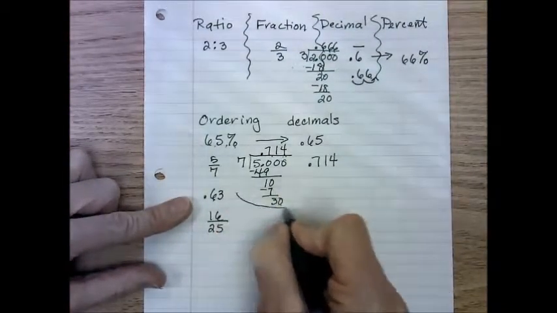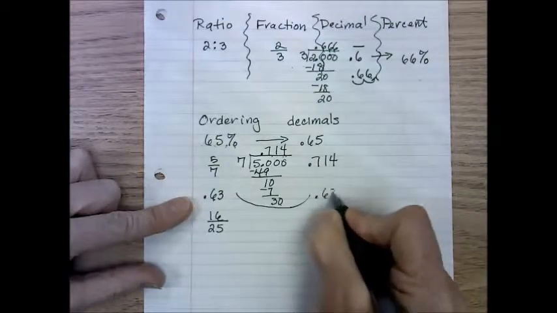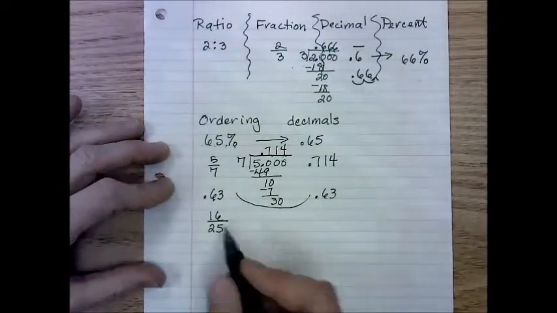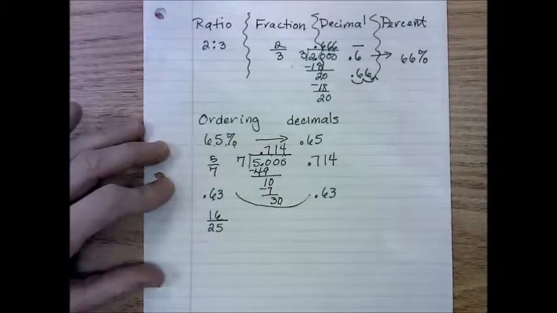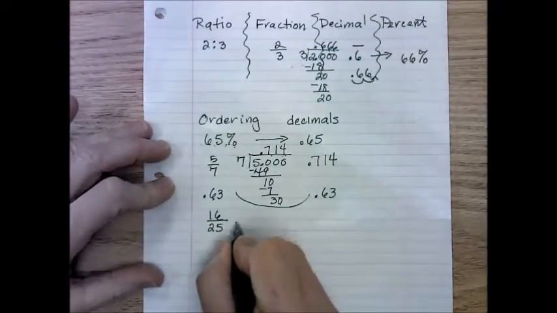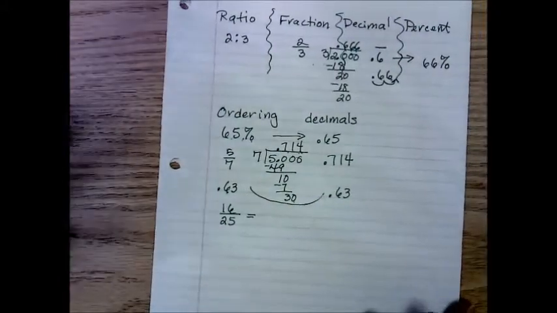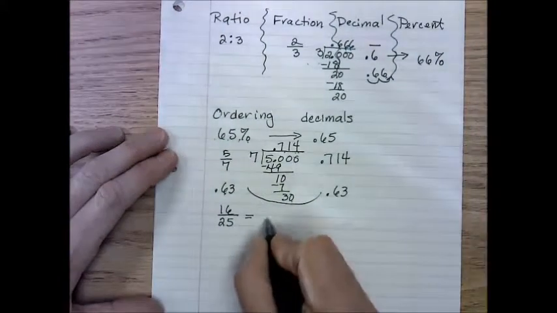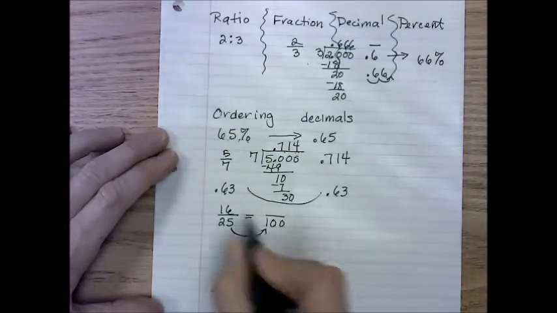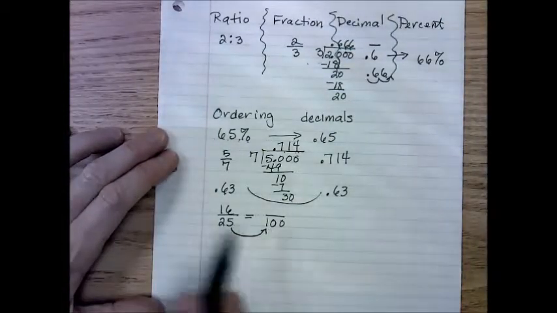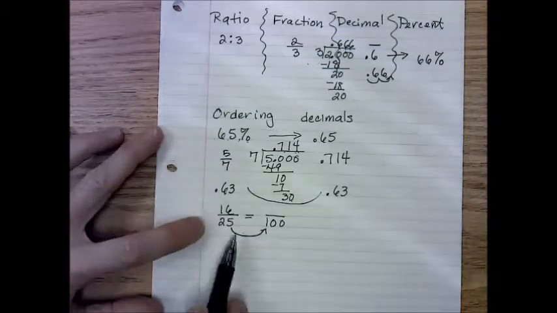0.63, I'm just going to write this over here, is already in decimal form. And 16/25. Well, we could do 16 divided by 25. But we could also create an equivalent fraction. We know that 25 is a factor of 100, so it's easy to change this.